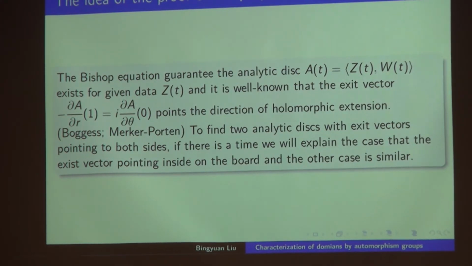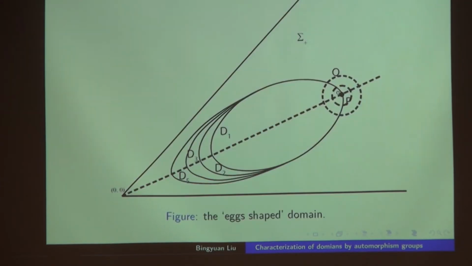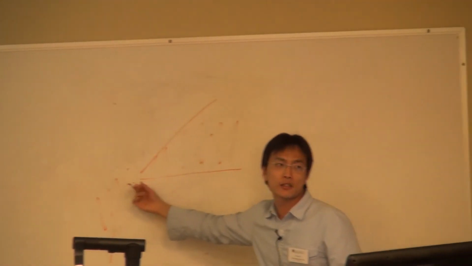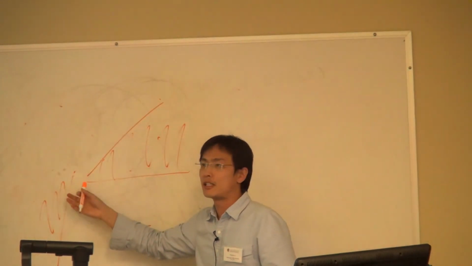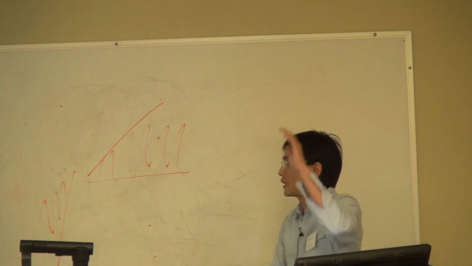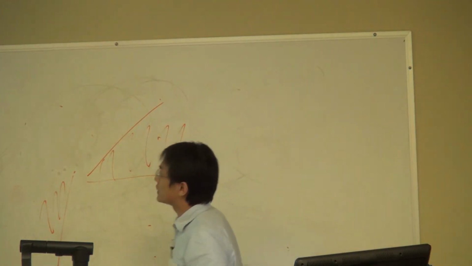I will prove that if the boundary admits a pseudo-convex piece, then the exist vector is going to point inside, that means inside of omega. It means the CR function is going to extend inside. But with the other piece, a pseudo-concave piece, the exist vector is going to point out. That means the CR function is going to extend outside. So the CR function is going to extend to both sides. So we mainly just do this.